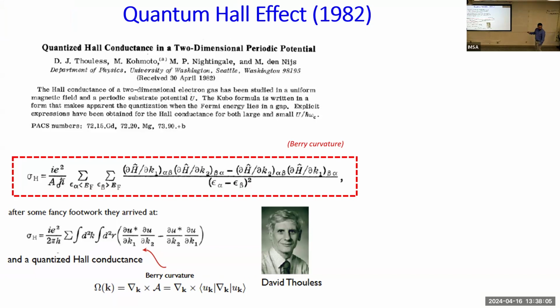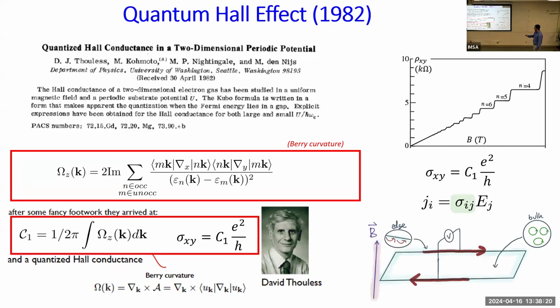Bernardo also presented this work yesterday, that the first connection with topology was the anomalous Hall conductance with the Chern number, the first Chern number. And we saw also this plot this morning about the relationship of the perpendicular conductivity with the Chern number.